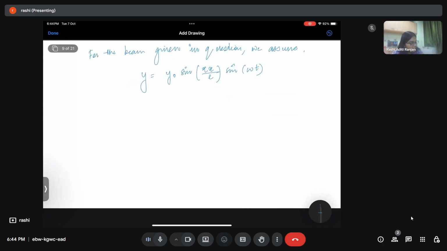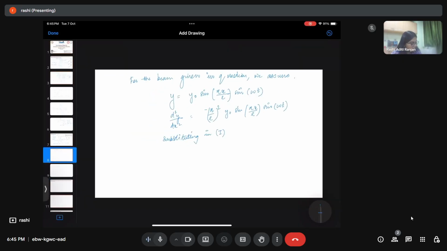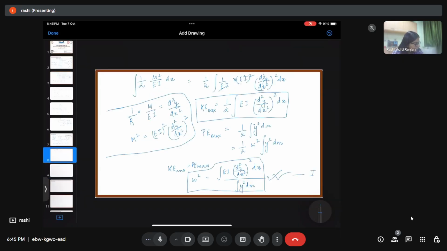So firstly, from here, we need to evaluate d square y by dx square, which is going to be what? Minus pi by L square y naught sine of pi x by L sine of omega t, right? Substituting in 1, let us assume that this is 1.